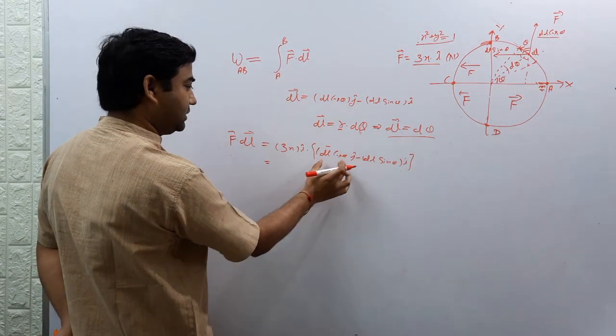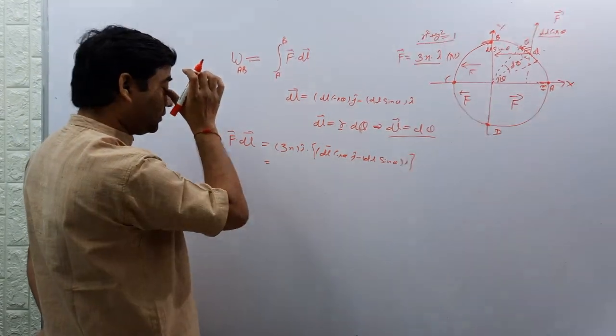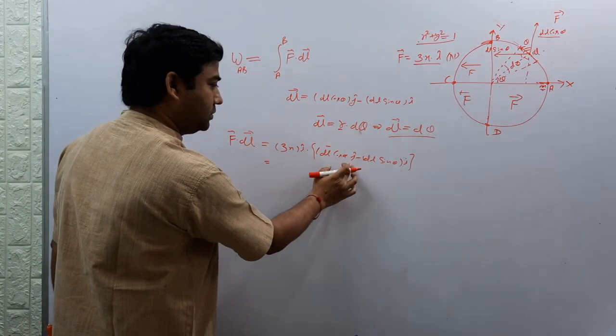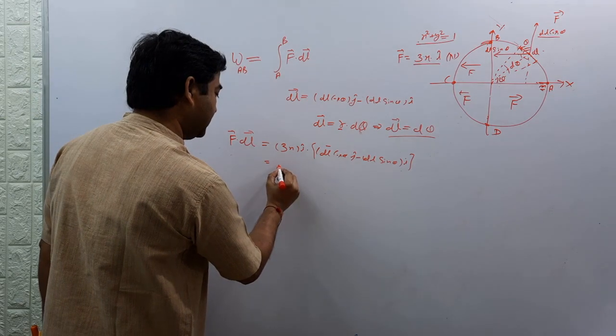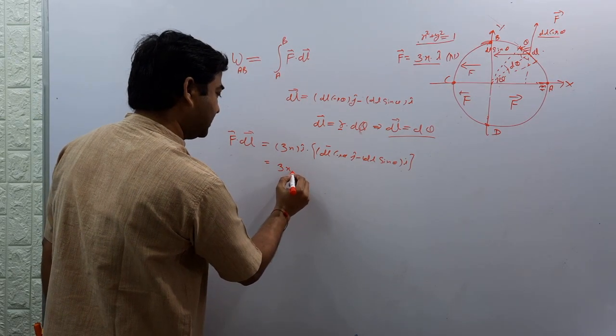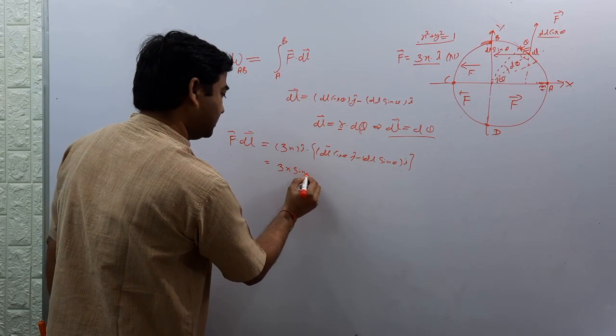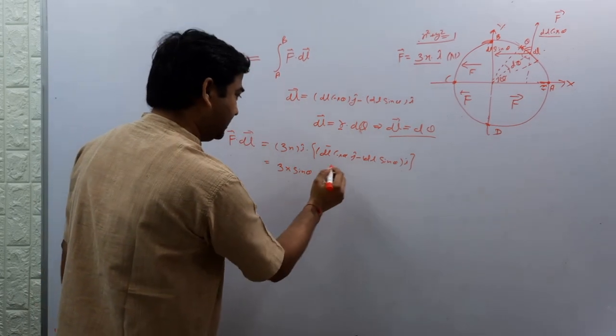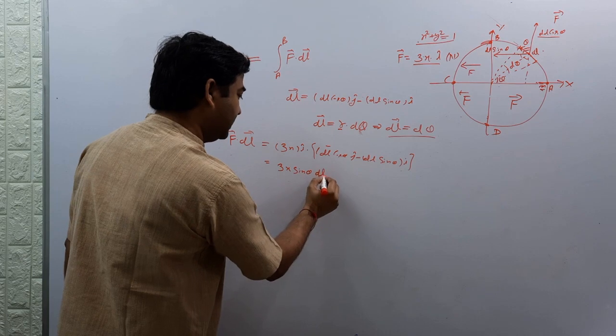So for this dot product, i dot j is 0, so it can be written as 3x sin theta, minus 3x sin theta dl.